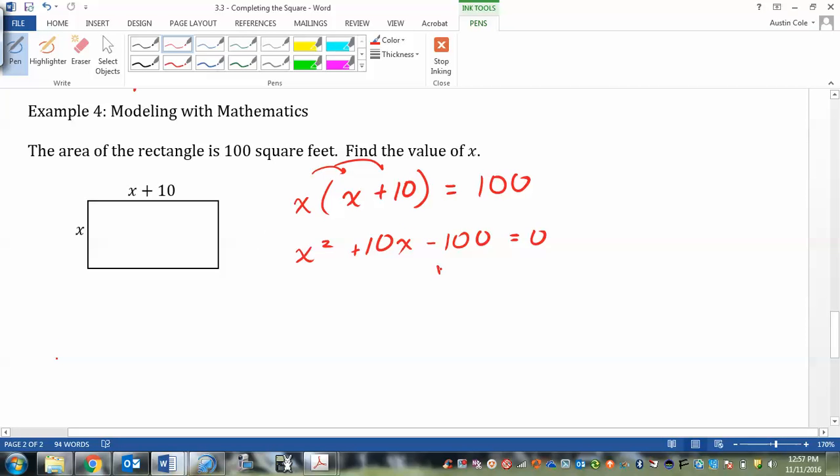I'm going to add 100 to both sides. I'm going to get x squared plus 10x equals 100. We're going to take half of 10, which is 5, square it, which is 25, and I'm going to add that to both sides.